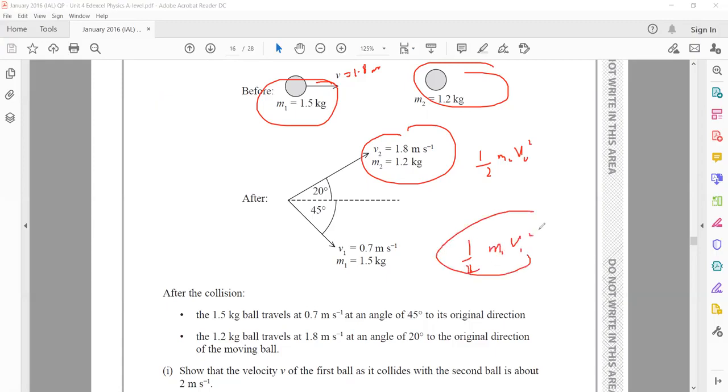So you will get the kinetic energy of each and add them. That will be the final kinetic energy. This one is already 0, so you don't have to add. Just the kinetic energy of ball 1 is the same as the kinetic energy before collision. And when you compare the kinetic energy before and after, you will find a difference between them, which shows that the energy is not conserved.